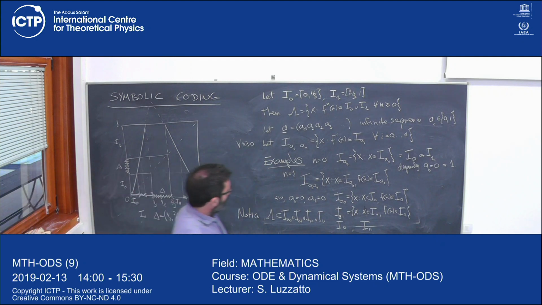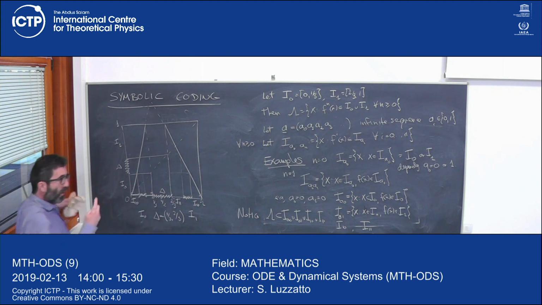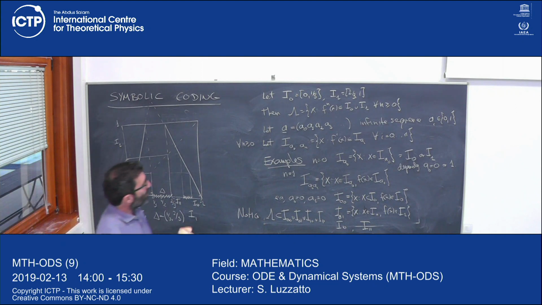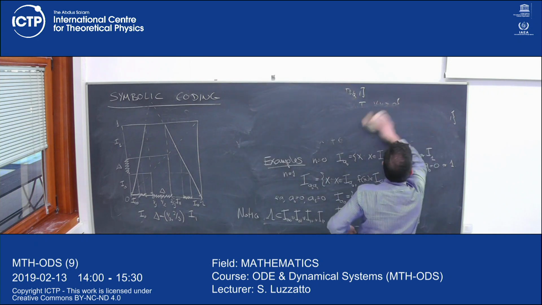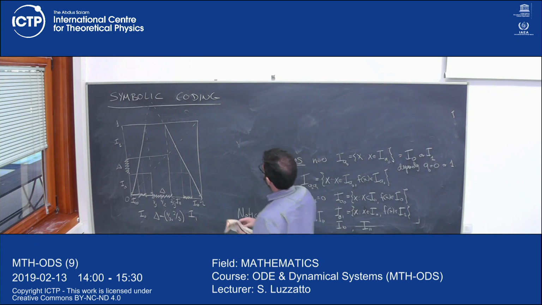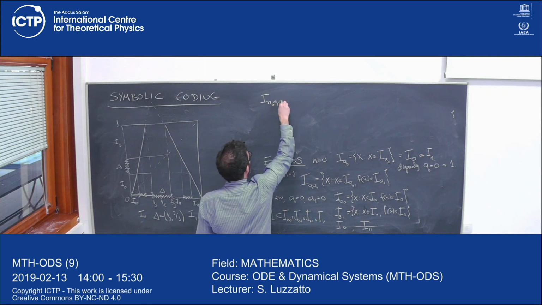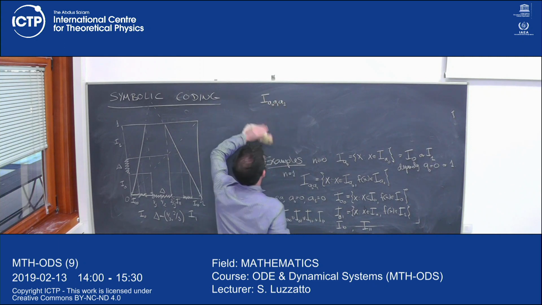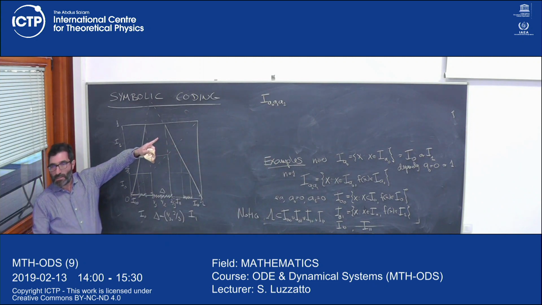Okay? What about with 3? How do we proceed? Let's do one more, 3, and then we look at the general case. Right? So, what about A0, A1, A2? How many possibilities are there? 8 combinations of zeros and ones.